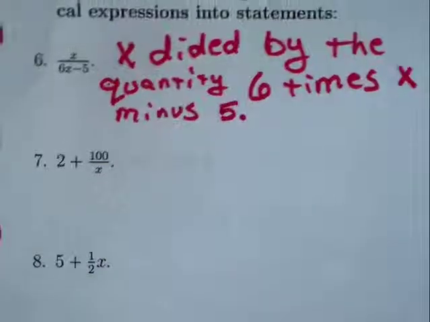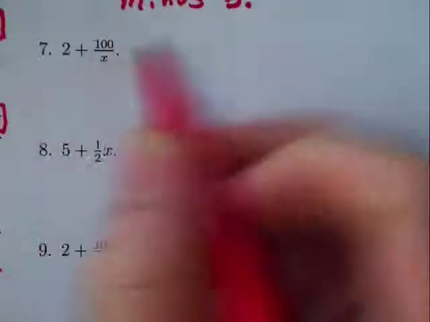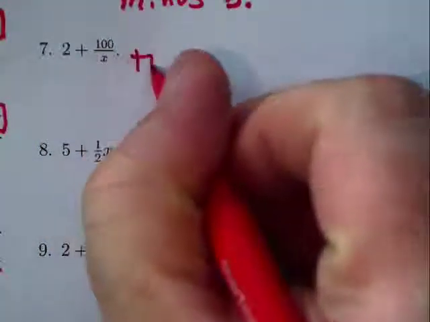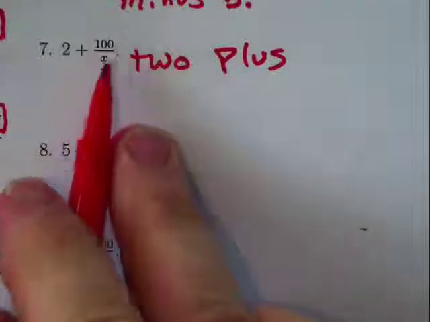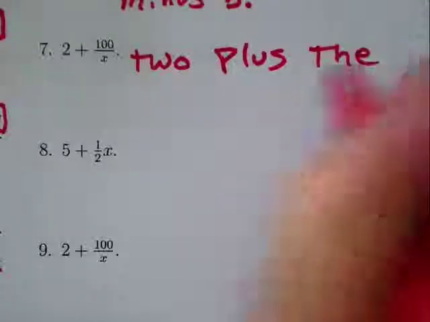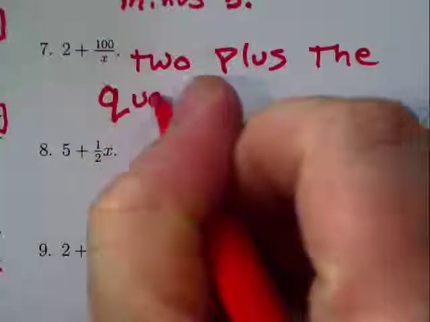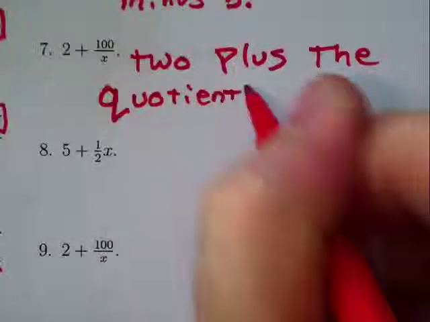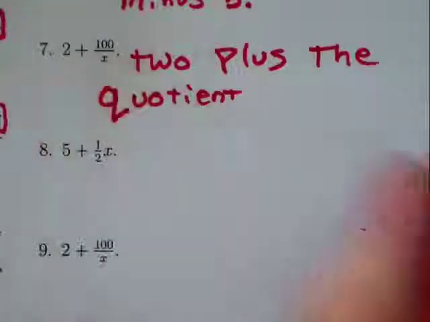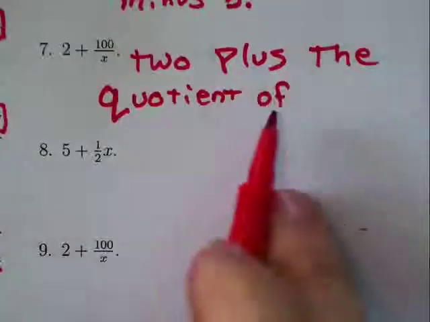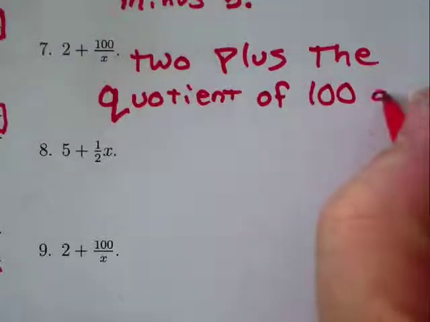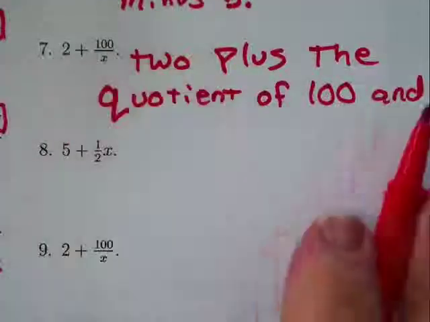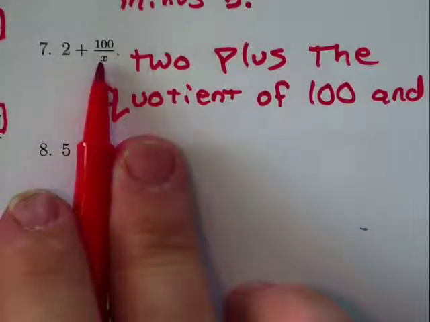Okay, number 7. This one, just start at the beginning. 2 plus the quotient of, now I'm at the numerator, 100 and, okay, I'm done with the numerator, so I put the word and to show I'm going to the denominator.